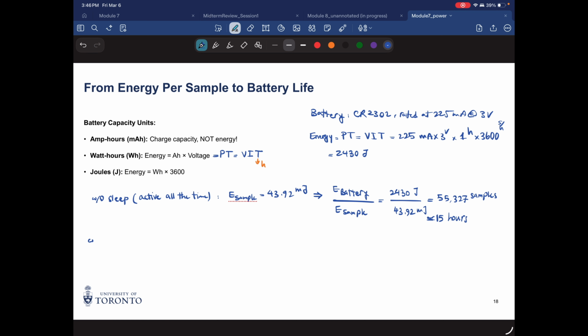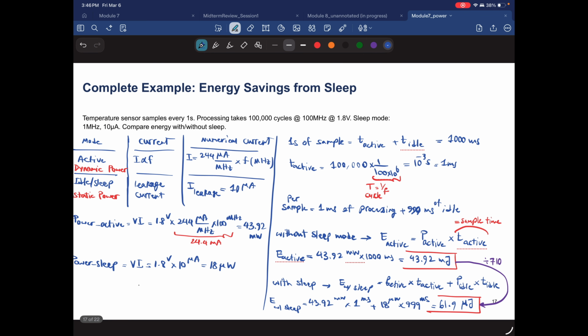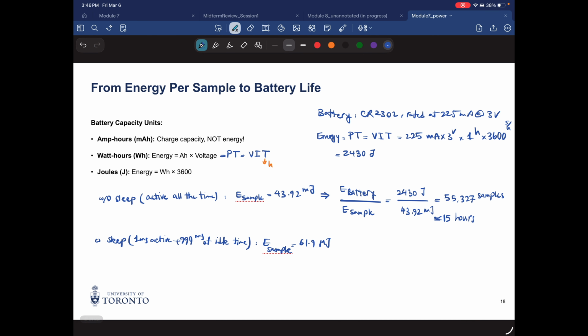Now, what if we were doing it with sleep? In that case, we had 1 millisecond of active time and then 999 millisecond of idle time, which in that case, we said for every sample we would need only 61.9 microjoule. Right? Yes.